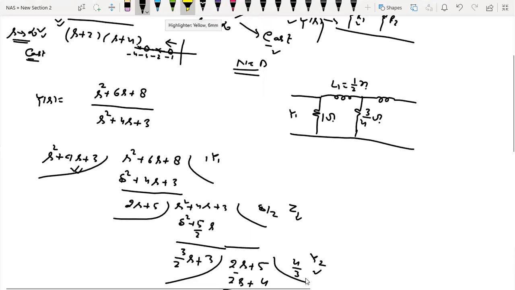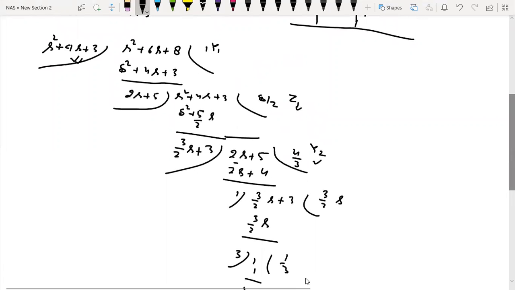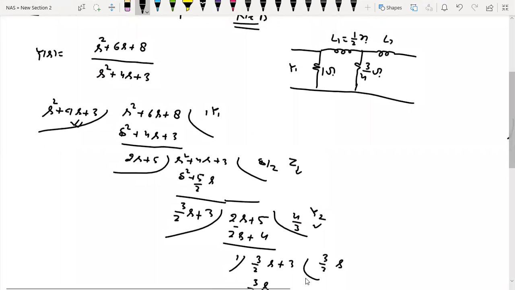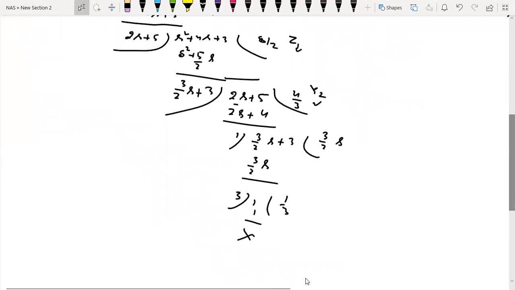Now the next term is Z1 by 2. This is 3 by 2 S. So the value of L2 is 3 by 2 S. Okay, this is the value of L2, and the last one is 3 by 2 and the value is 1 by 3.